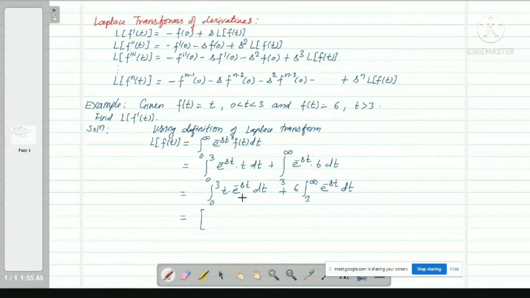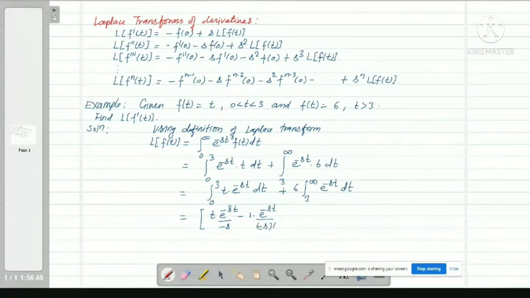Now just integrate this. This is u, this is v, so you write t times the integration of v, that is e raised to minus st divided by its coefficient, minus s, and minus the derivative of t, that is 1, times the integration of this term, that is e raised to minus st divided by minus s, but minus s is here, so this is minus s and minus s.